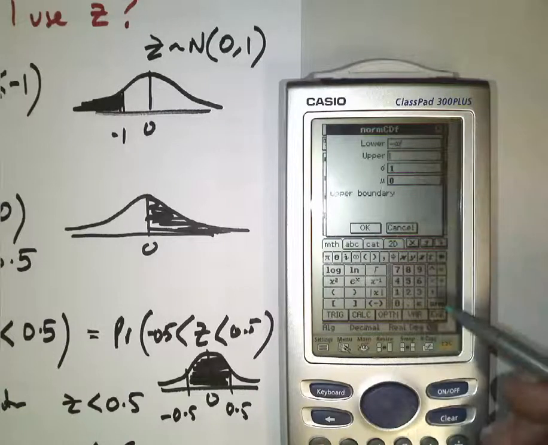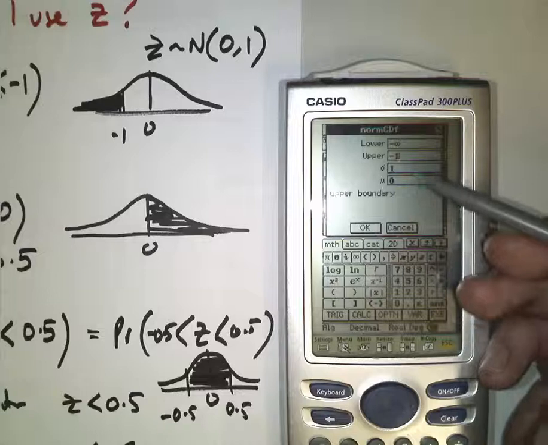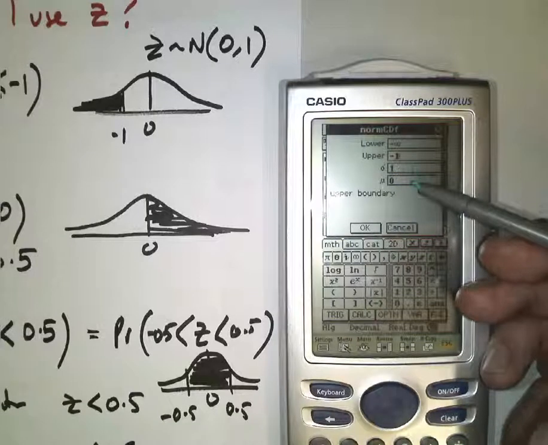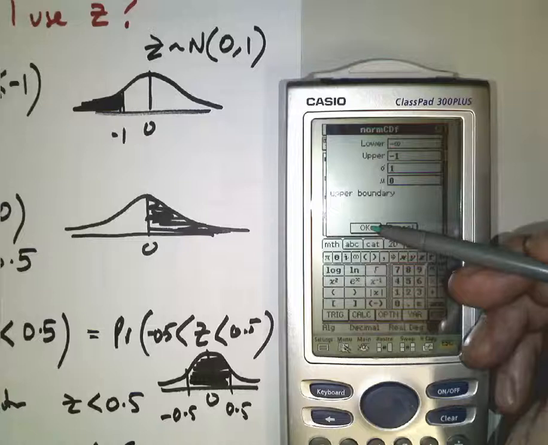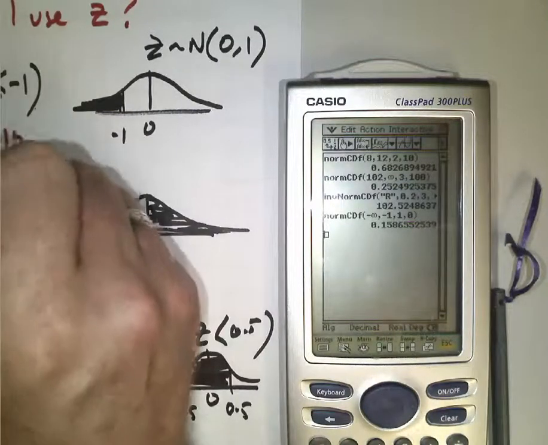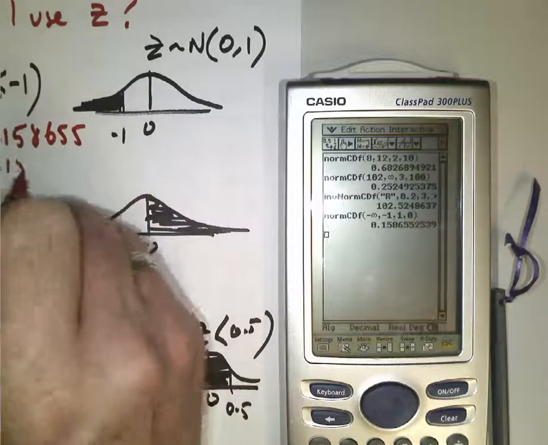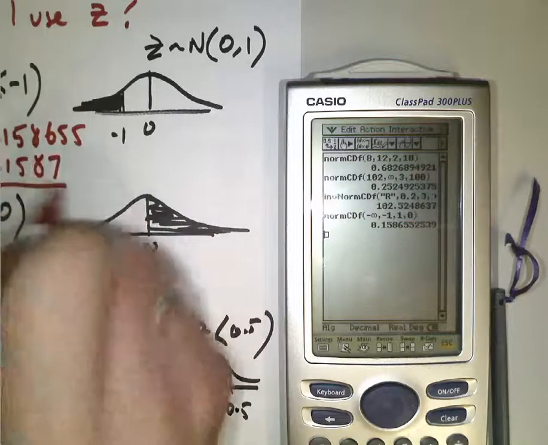The upper is -1. By default, the standard deviation and the mean is set for the Z values of the standard normal. Press OK, and that tells me that probability equals 0.158655, or 0.1587 to 4 decimal places.